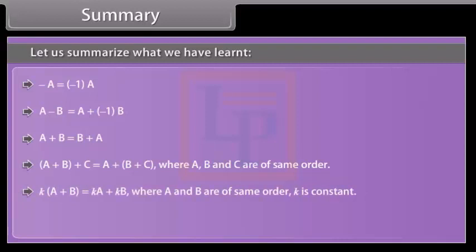K into (A plus B) is equal to K into A plus K into B, where A and B are of the same order and K is a constant. (K plus I) into A is equal to K into A plus I into A, where K and I are constants.